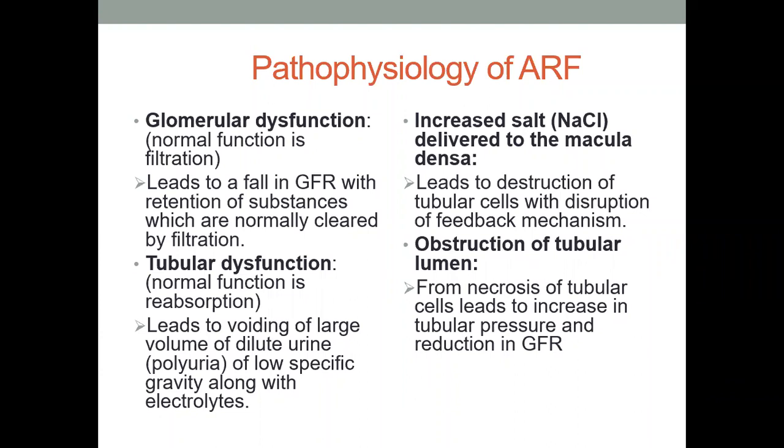Obstruction of tubular lumen from necrosis of tubular cells leads to increase in tubular pressure and reduction in GFR. Don't forget that GFR is hydrostatic pressure minus oncotic pressure. So when there's increased tubular pressure, the hydrostatic pressure also, the glomerular filtration rate will drop because the effective pressure that leads to filtration reduces at the end of the day.